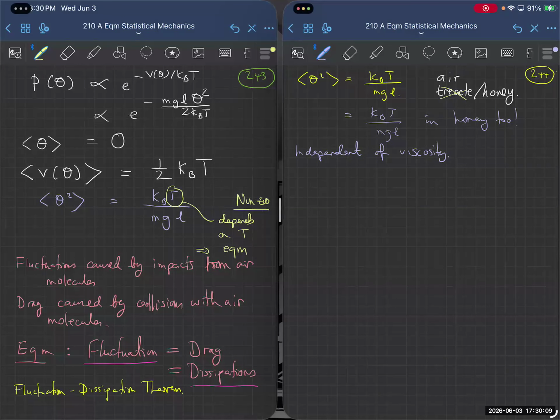That's exactly what you were saying, that the dissipation has gone up because it's more viscous.